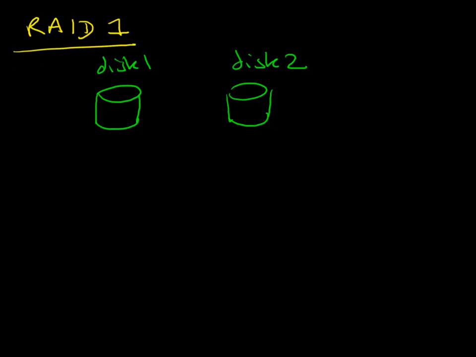And we're looking at RAID 1. So in this case here, what happens when I save something to the hard disk, instead of on your computer where it saves one copy on one hard disk, it will save that copy onto both disks at exactly the same time. So we have an identical copy of the same information on each disk.